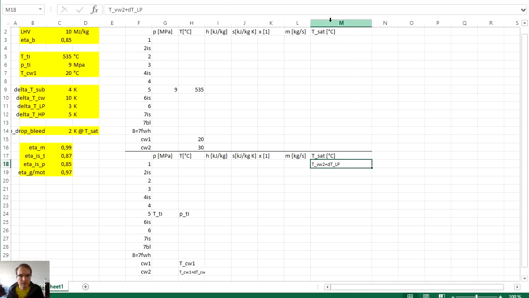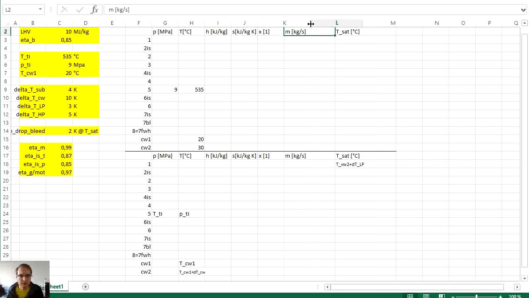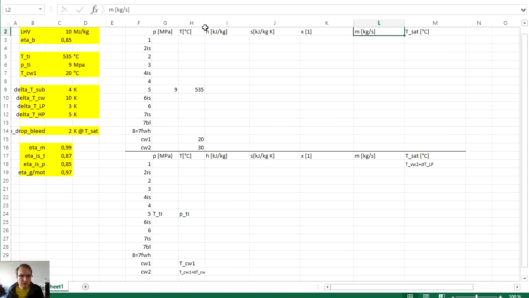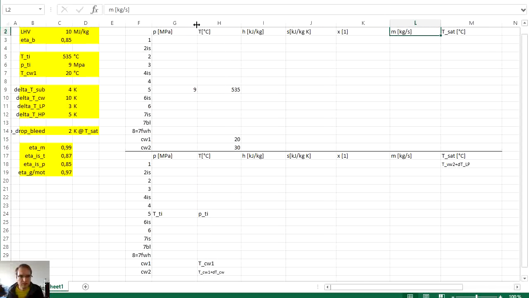Maybe we can extend our cells a little bit. So here it will be the temperature TCV2 plus delta T at low pressure.